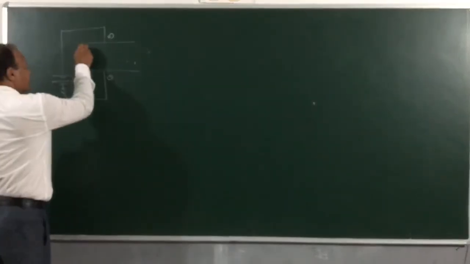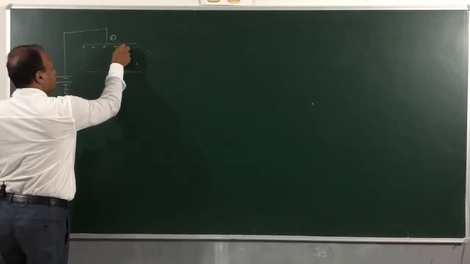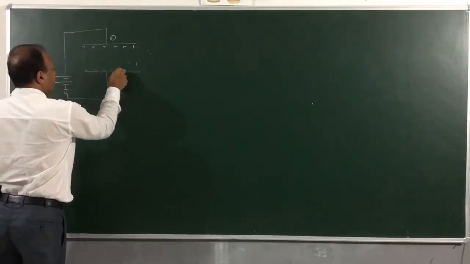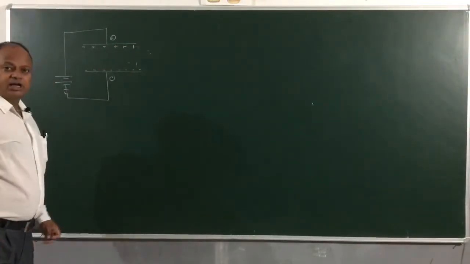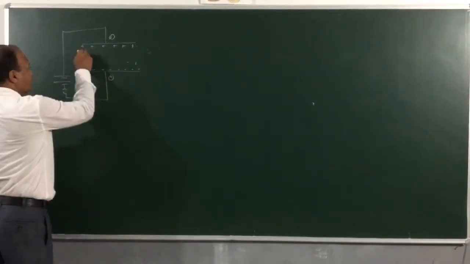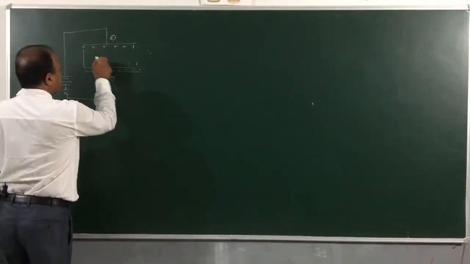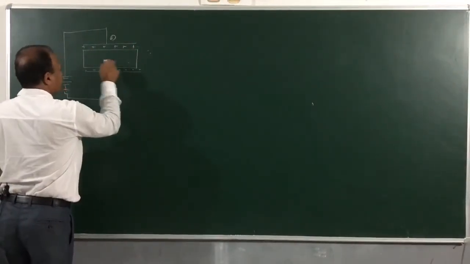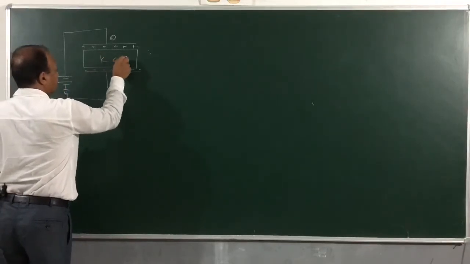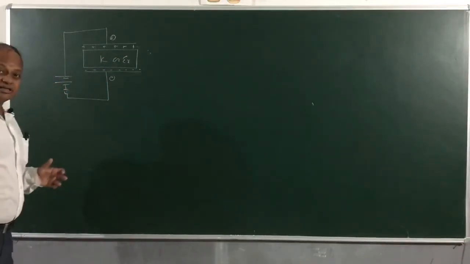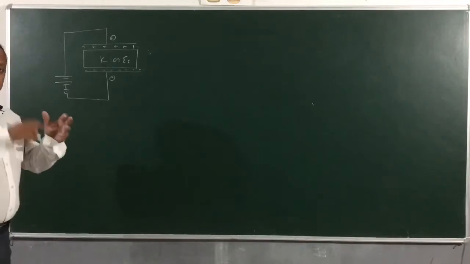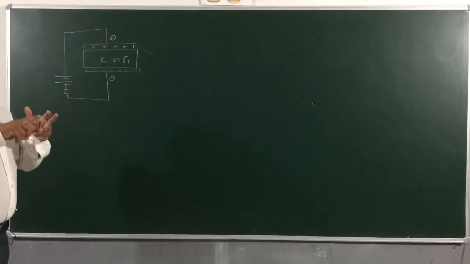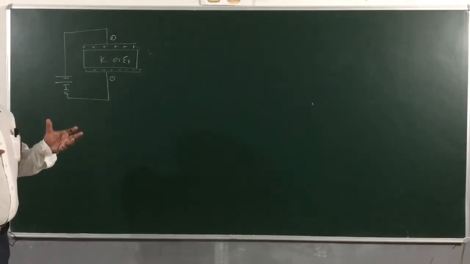This plate has positive charge on it, this has negative charge, and then we are inserting the dielectric slab between the two plates. Dielectric constant is K or epsilon R. So what will be the effects on capacitance, electric field, charge, potential difference, and energy stored in the capacitor?